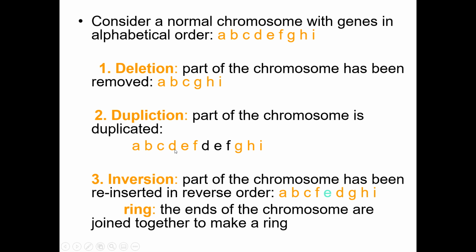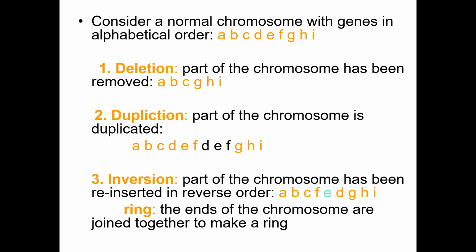A, B, C, D, E, F, D, E, F, and there are two copies of the same genes, D, E, F. Where there is a loss of those genes in one chromosome, here those genes are added. Then it continues G, H, I. This is what you call duplication. Here these DEF genes have been duplicated.